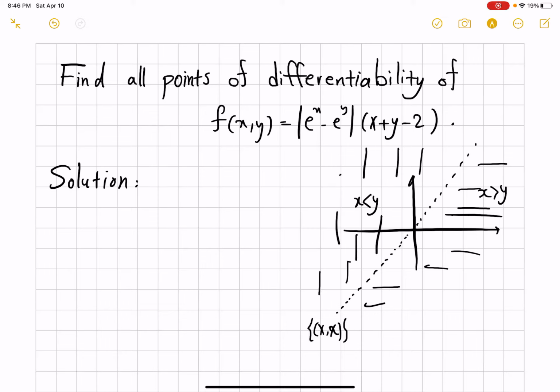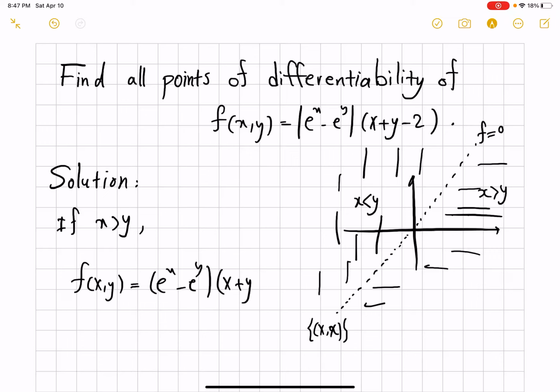So there is diagonal where your function f is just 0. And on this region, if x is bigger than y, then e to x is bigger than e to y. So f of xy equals e to x minus e to y times x plus y minus 2.